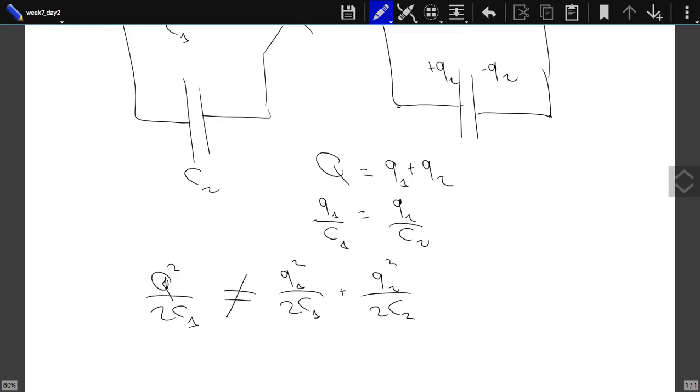Just solve these equations, put it over here, you will see that there is a difference. Any other questions on resistors, resistances, capacitance? If you want to bring your homework, this is your final chance.